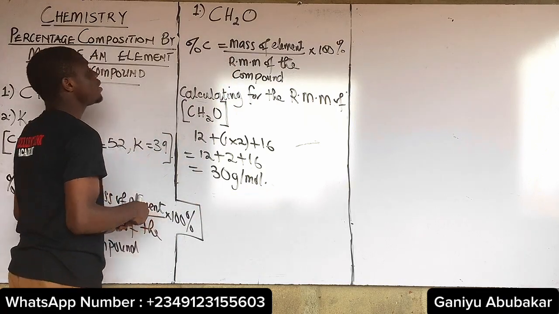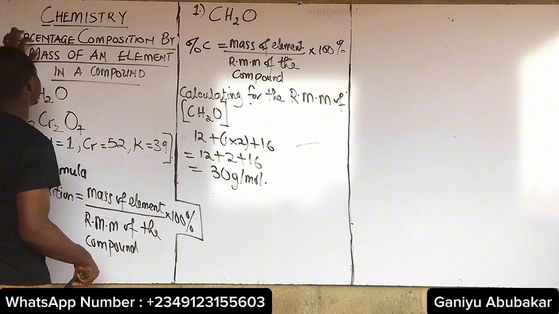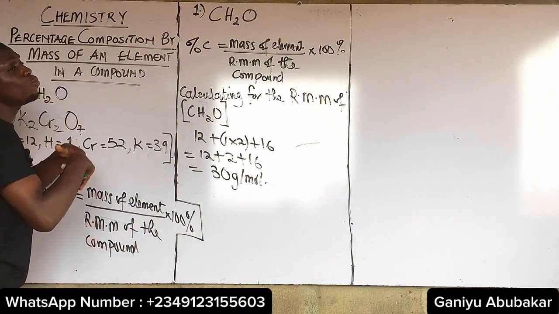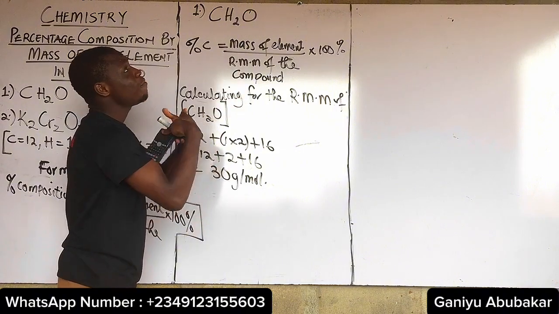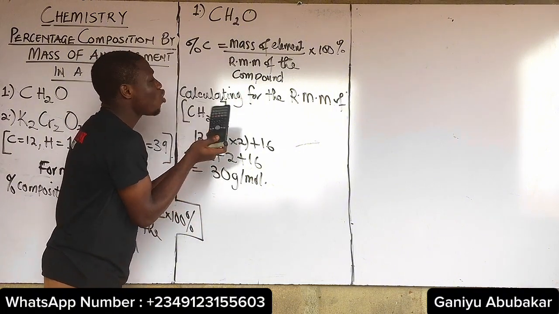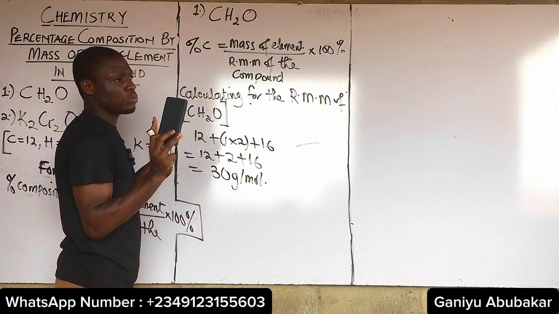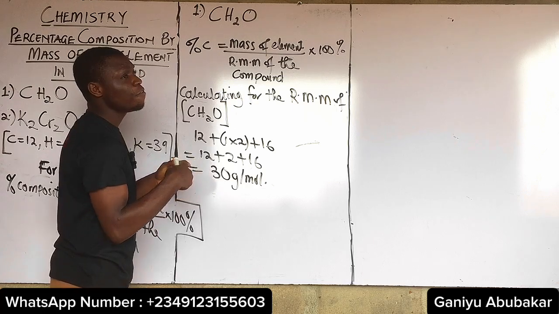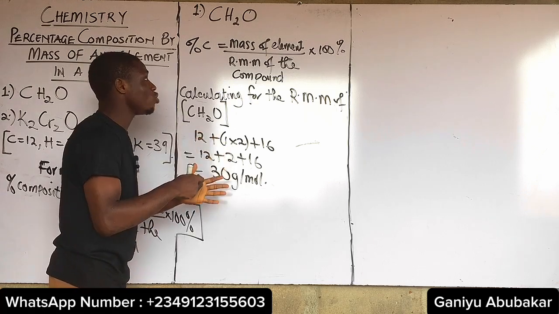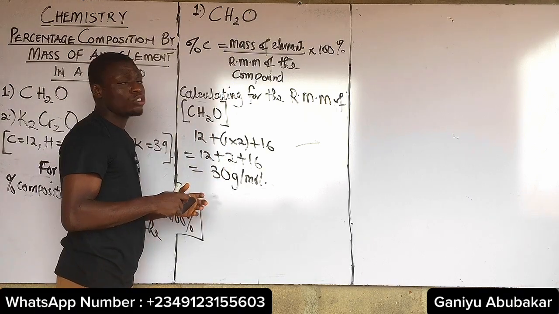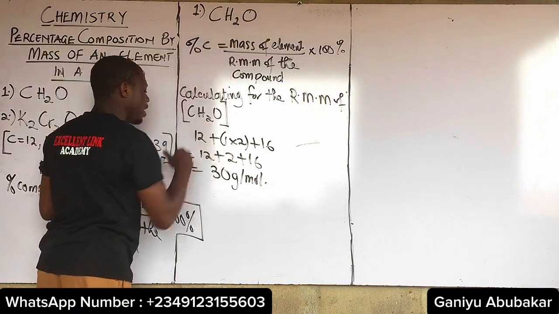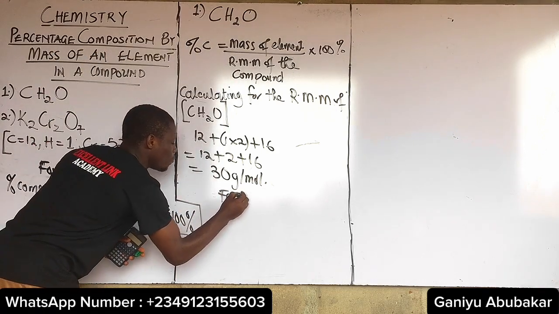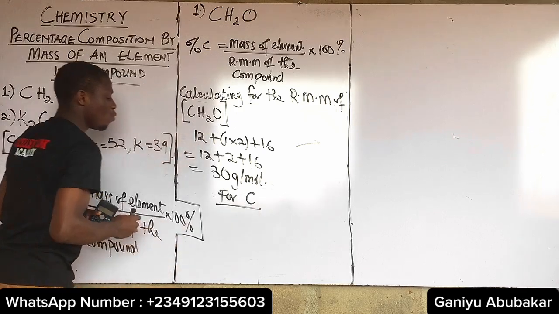Now, you'll be told to find just one element in the compound. They just say find the percentage composition of carbon, or perhaps of oxygen. They'll ask you to look for one. But for teaching's sake, I want to look for everything. Let's start with carbon.